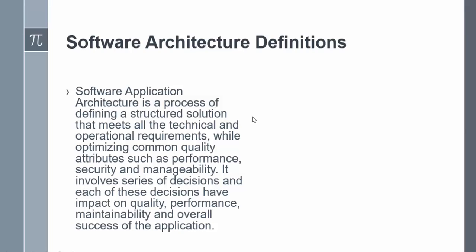The first definition says that software application architecture is a process of defining a structured solution, meaning that when we are thinking about software architecture, the output of that architecture would be a complete project, a complete working software, and that software should meet all the technical and operational requirements.